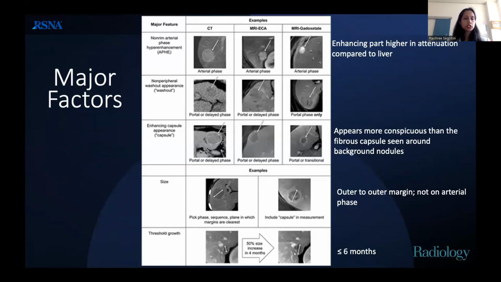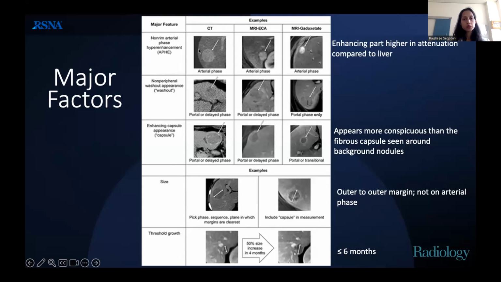So the major features for HCC on LIRADS, I mentioned a few already, but we essentially look for non-rim, meaning the whole lesion, non-rim arterial phase hyperenhancement. You can see that the lesion is uniformly enhancing on arterial phase.